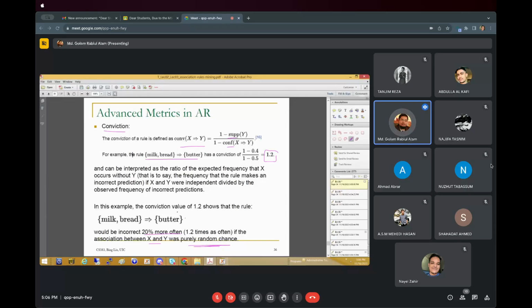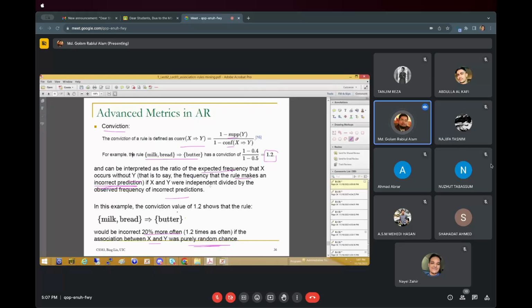So it is mentioned that conviction can be interpreted as the ratio of the expected frequency that x occurs without y. What does it mean? It means the frequency that the rule makes an incorrect prediction in random selection.